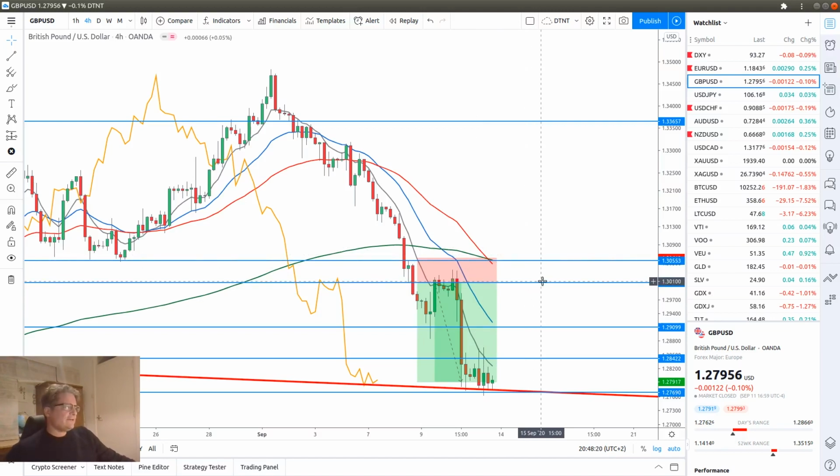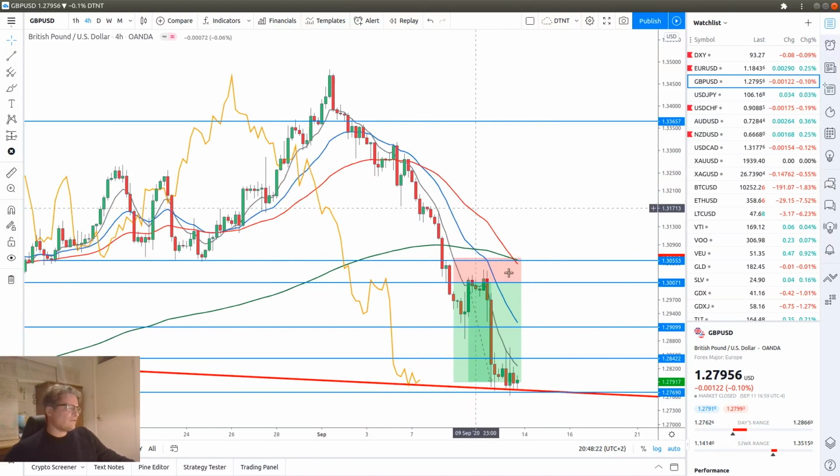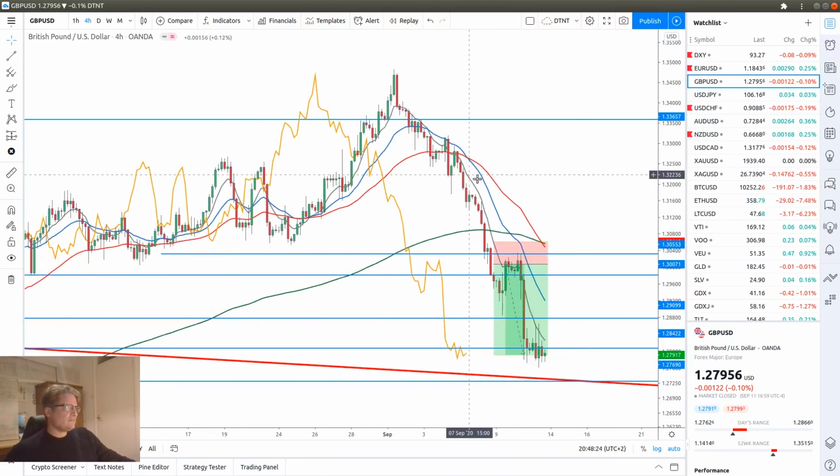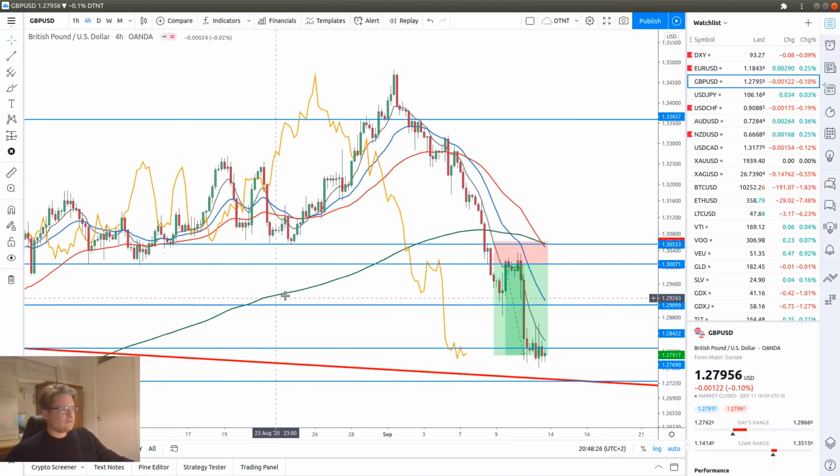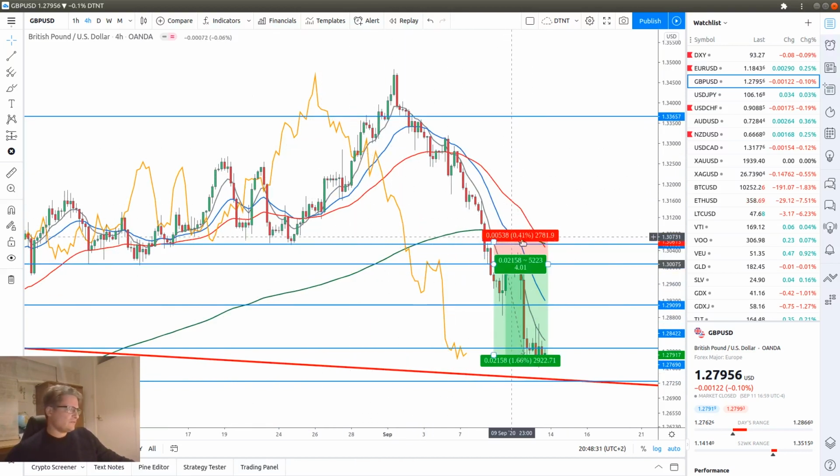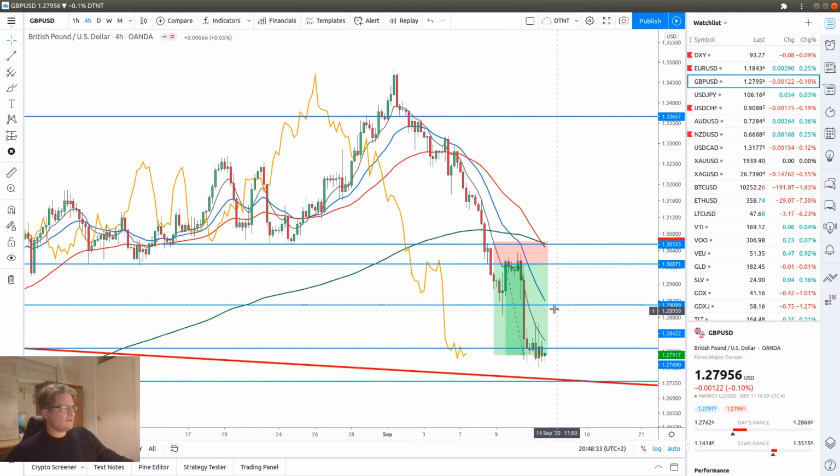One of the reasons I also took it is because we had broken here this 200 EMA, and all the moving averages were lining perfectly to the downside.